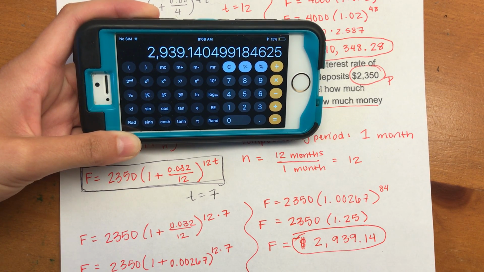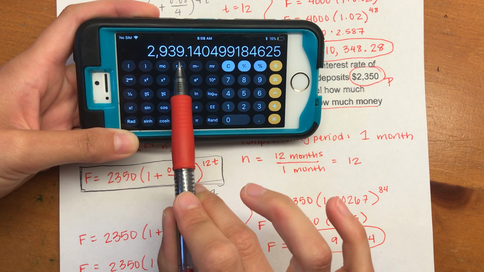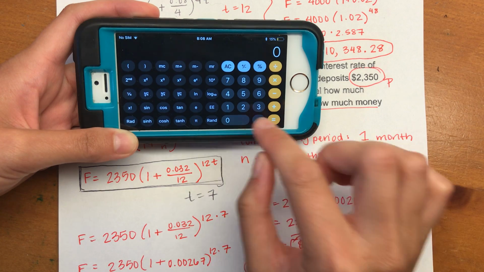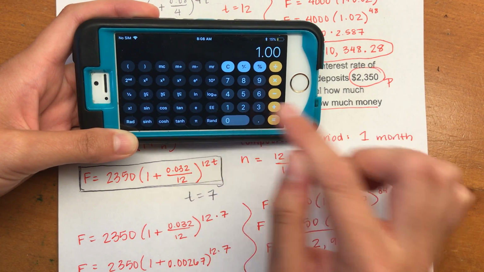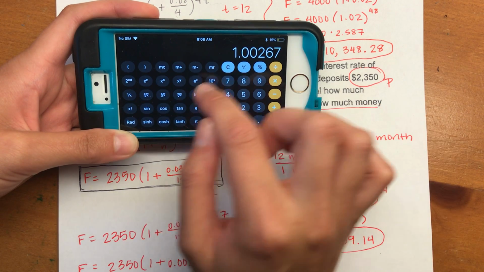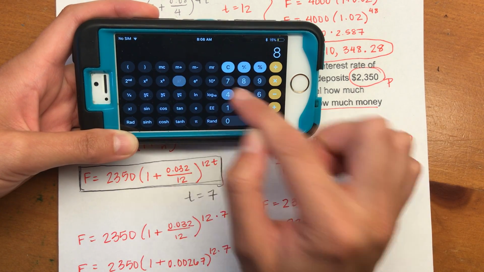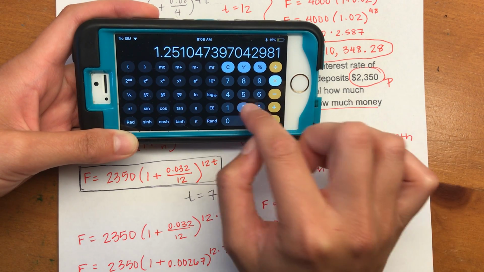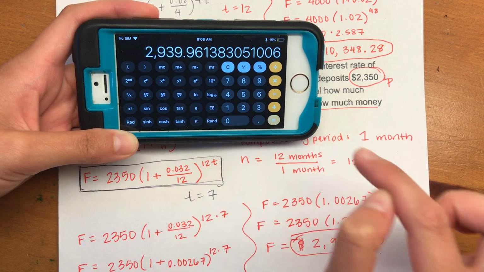Okay, so this is the most exact answer. You might get something different, right? If you used just 1.00267 to the 84th power, and then times 2350, right?